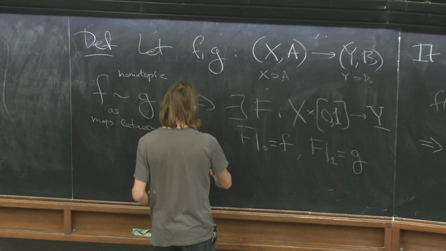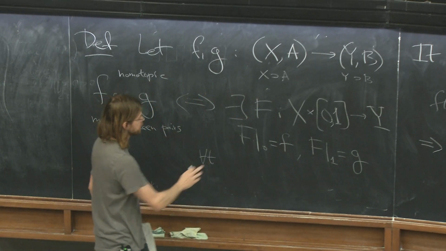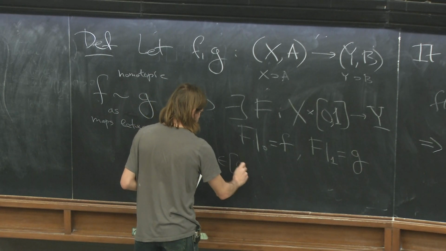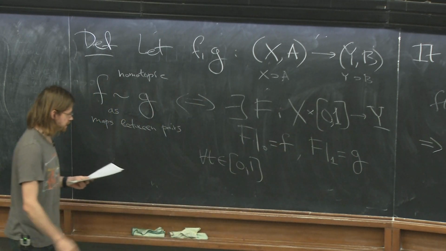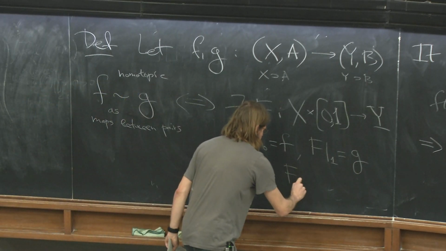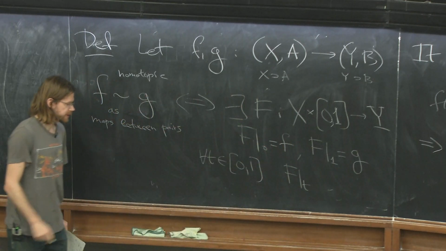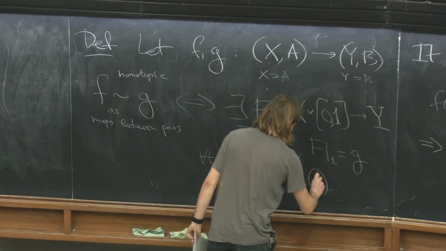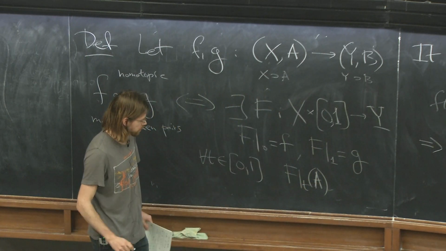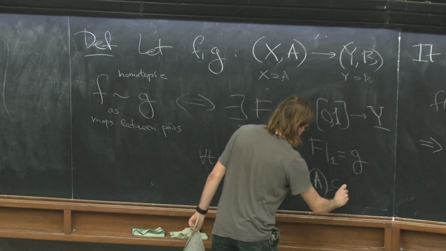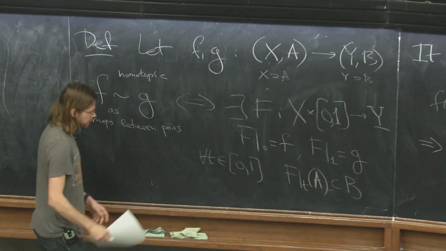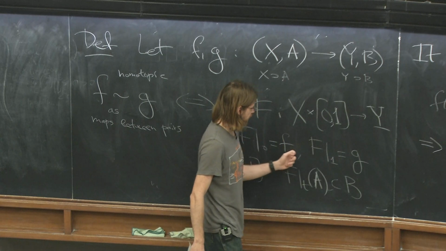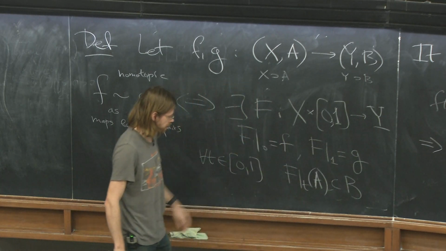But now we want to add some restrictions which involve these choices of our subspaces A and B. So we want to require that for any point t in the interval, capital F restricted to the corresponding t satisfies the property which we had before, so that the image of A is inside B. By construction, we have this property for t equals 0 and t equals 1, because this should be satisfied by f and g, since they are defined as maps between pairs.